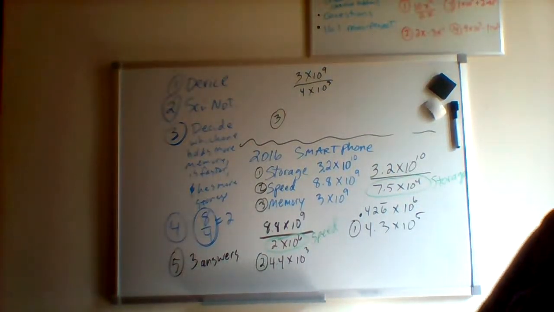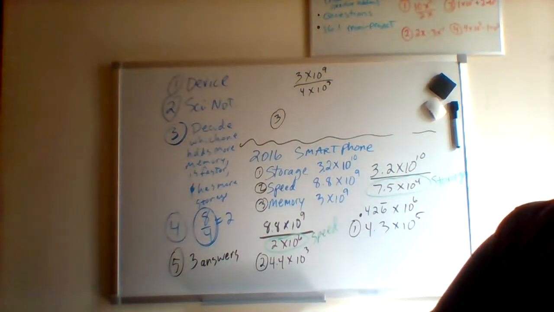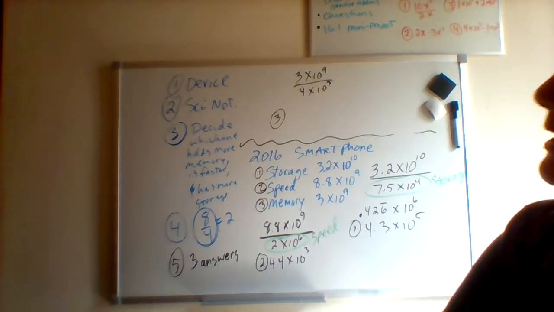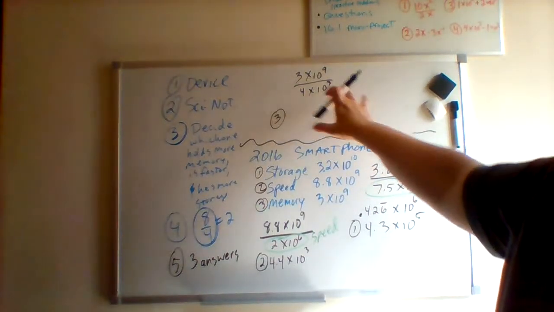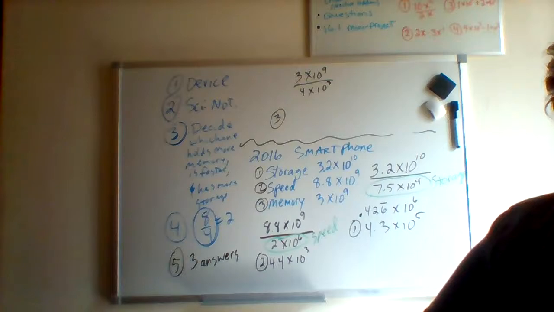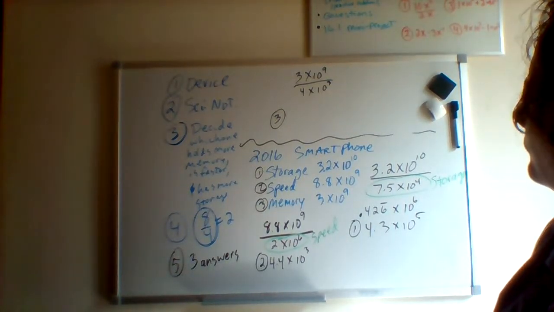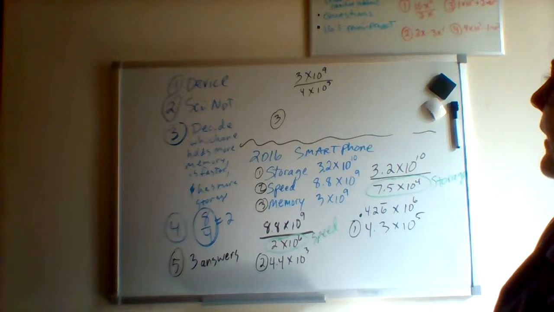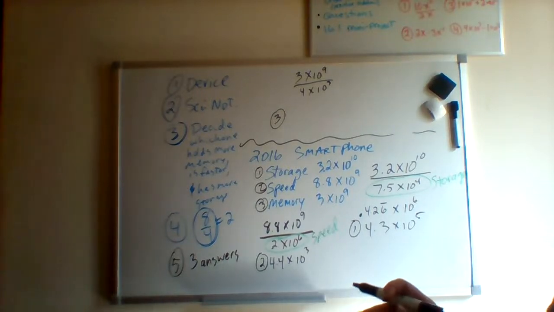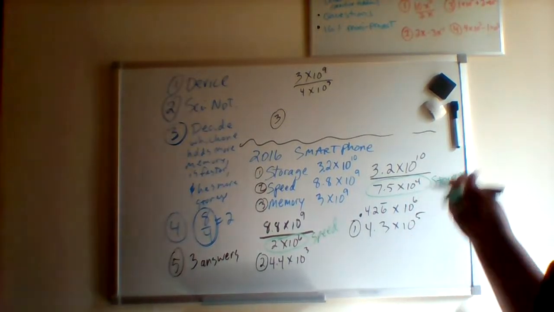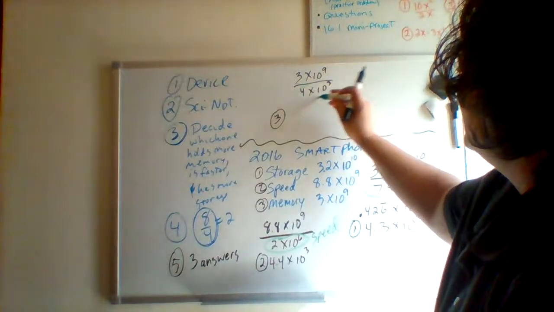The Apollo guidance computer, if you take a look, as far as its memory, it said 4 kilobytes. 4 kilobytes is 4 times 10 cubed. Well, what's 3 divided by 4? And let me highlight this because this is something else you could use for your activity.